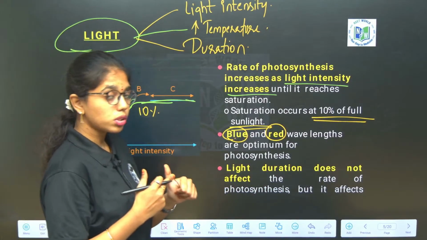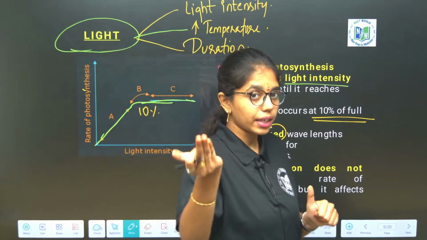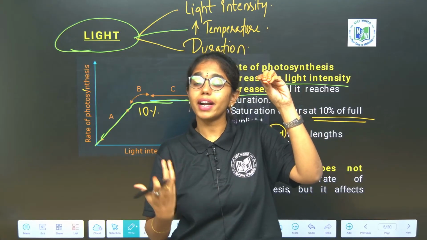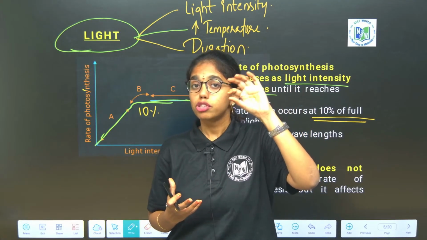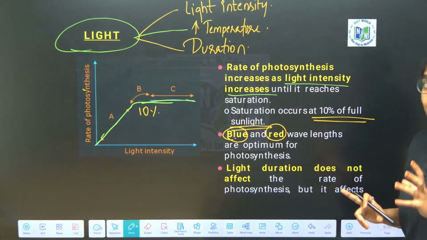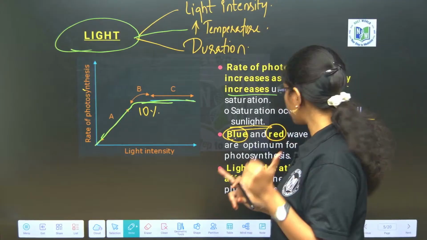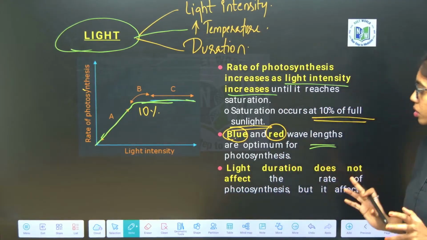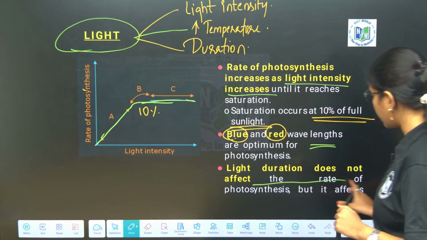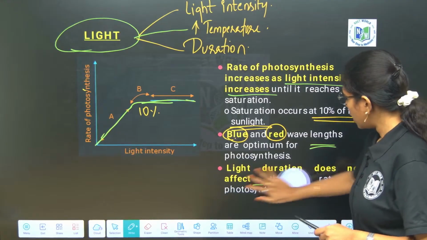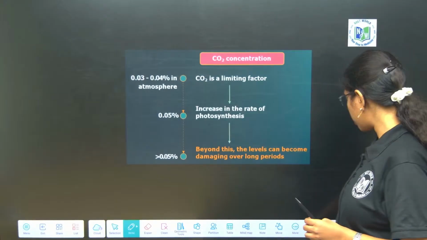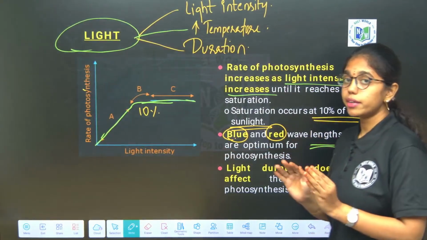So the rate of photosynthesis will slowly increase as the light intensity increases, then it reaches the saturation point because other factors will be minimal at that point. Light saturation is at just 10% of the total sunlight. Light duration will not affect the rate of photosynthesis, but the amount of photosynthesis will be looked into on the whole.